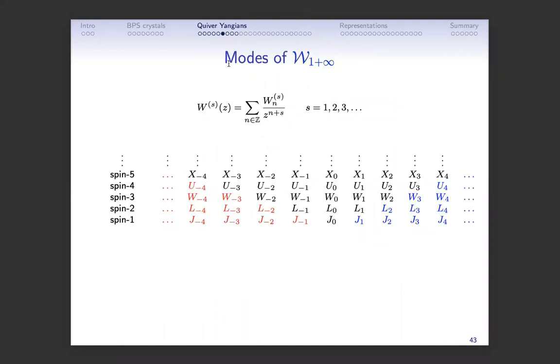So roughly speaking, this dictionary from the alpha Yangian of GL1 to the W1+infinity is in terms of the modes. If you write out the modes of the W field like this, this is spin 1, 2, 3 all the way to infinity. This line is the zero mode, this is the minus mode, and this is the plus mode.